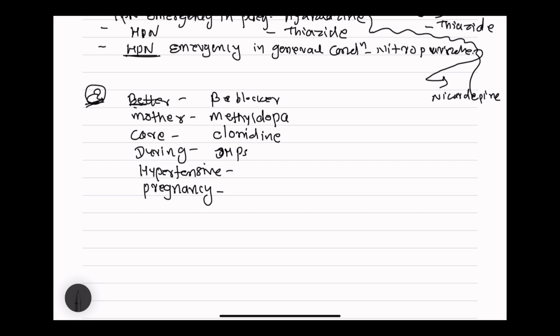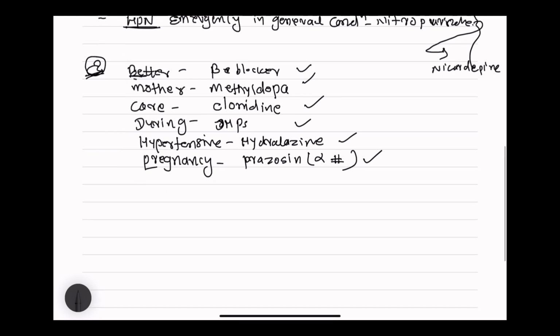H, hypertensive, means hydralazine. And P, pregnancy, means prazosin. This is an alpha blocker, so we can also give an alpha blocker in pregnancy. These are the drugs which are very safe in pregnancy. If there is no contraindication, we can prefer them. These are the very important and safest drugs in pregnancy.